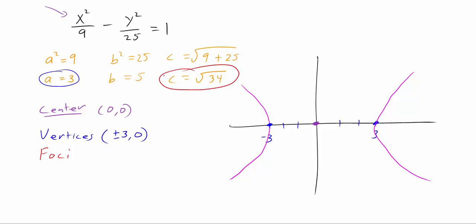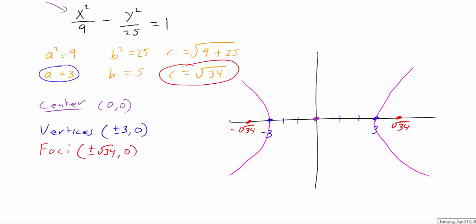So that's going to go here and here. I'll label this as negative square root of 34, and this would be positive square root of 34. So the coordinates would be either a positive or negative square root of 34, and the y coordinate once again would be 0 because we're on the x-axis.